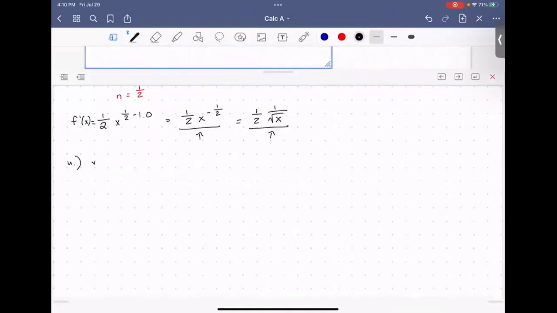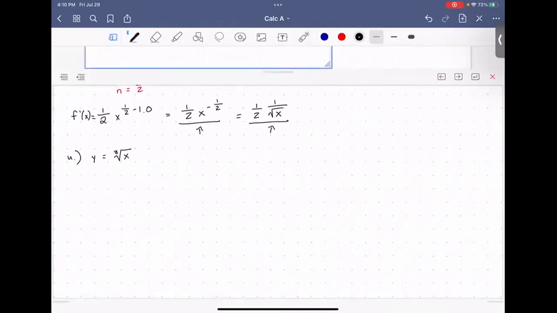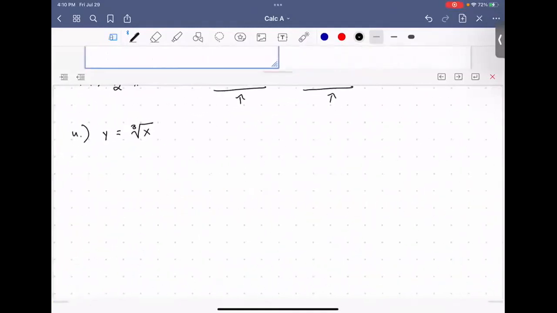It's asking us to find the derivative of y is equal to, I believe it's cube root of x. Yeah. Okay. So we can rewrite this again: x to the 1 over 3. And we're going to use the power rule again.